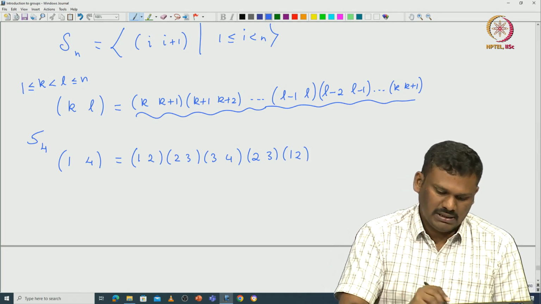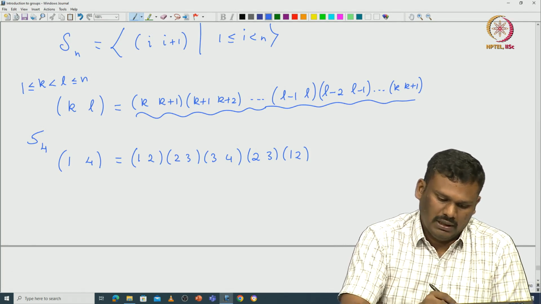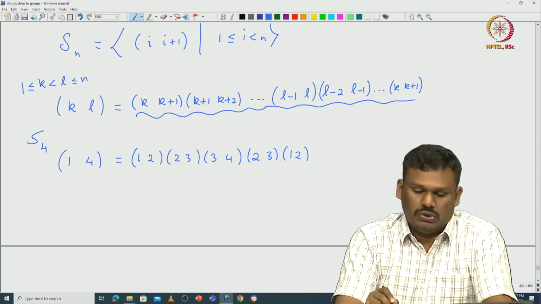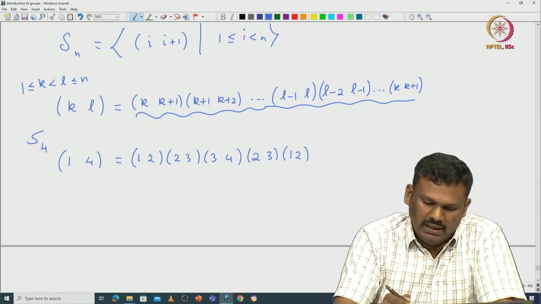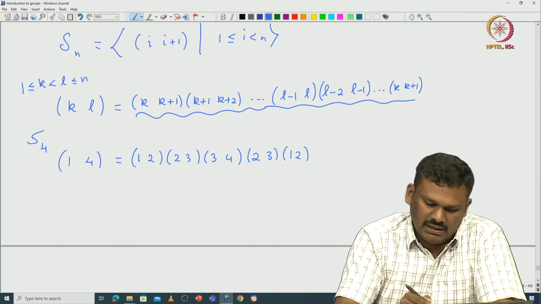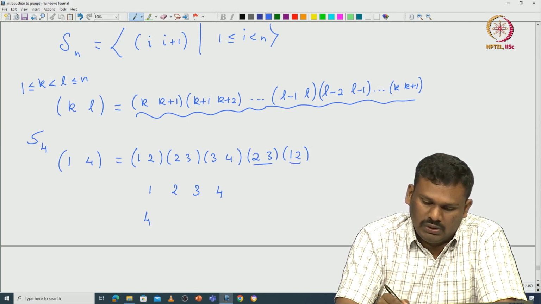The product of this is exactly (1 4). Let us check this is the case. The left hand side we understand very well, there is no issue. What about the right hand side? Look at what happens to 1. 1 goes to 2 here, 2 goes to 3, 3 goes to 4, but 4 is fixed in this. So, if you write this as 1 to 4, 1 goes to 4. Now, look at 2. 2 goes to 1 here, and then 2 goes to 3 and then 3 goes to 4.